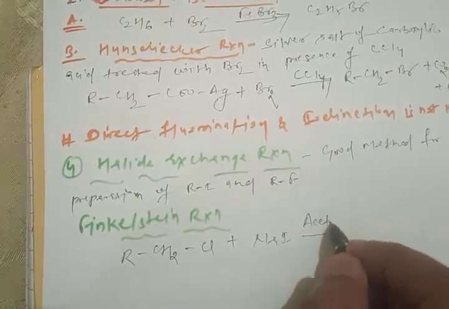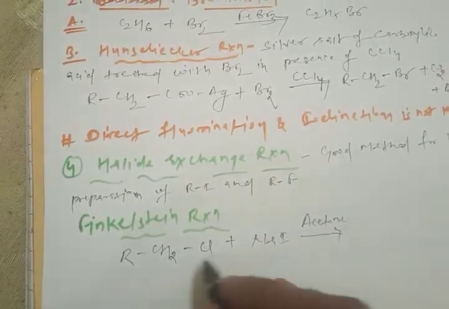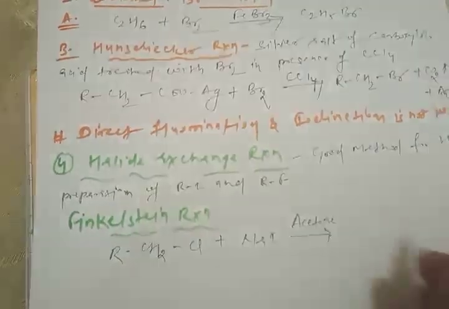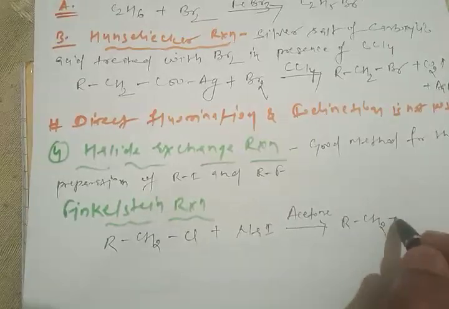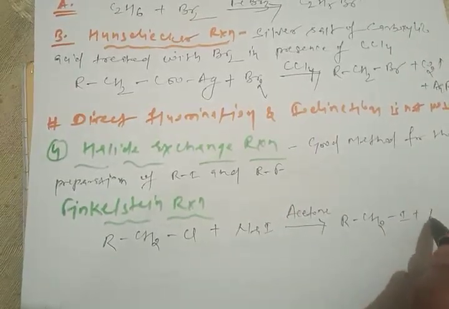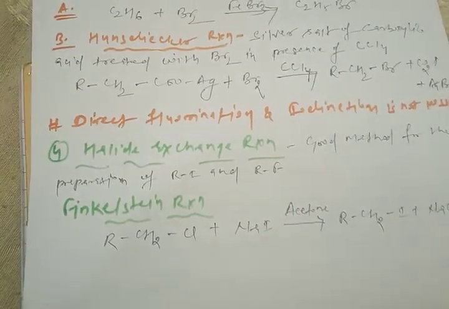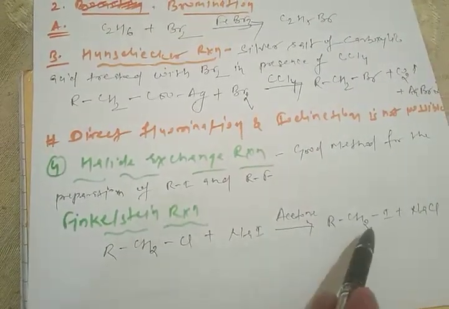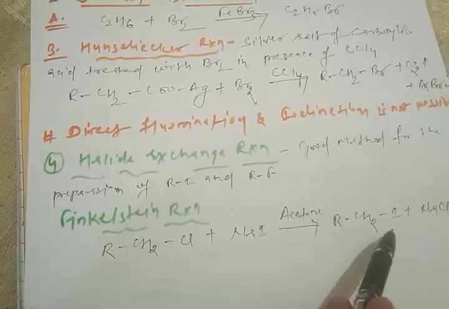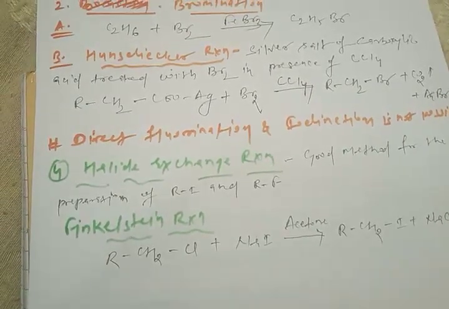The halide will be exchanged and we get RCH2I plus NaCl. You should remember this name reaction. Here is the method for the preparation of RI and RF.